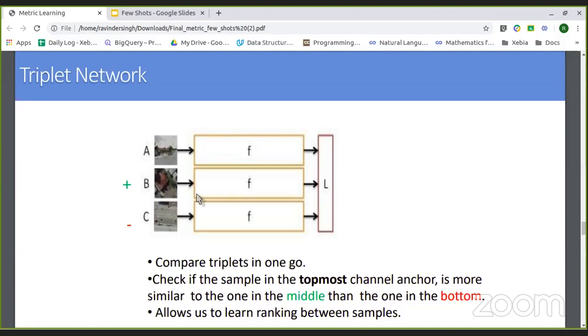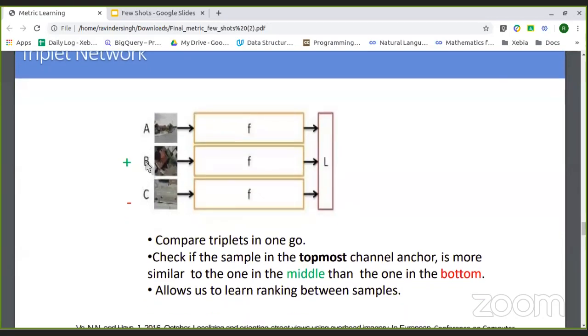The positive is the similar match with the anchor, and the other is negative, which is not matching with the anchor. Suppose here A and B: A is the anchor, B is the positive case, matching with A, and C is something that is not matching with A. So every time we train our network, we are going to have cases in the form of triplets.